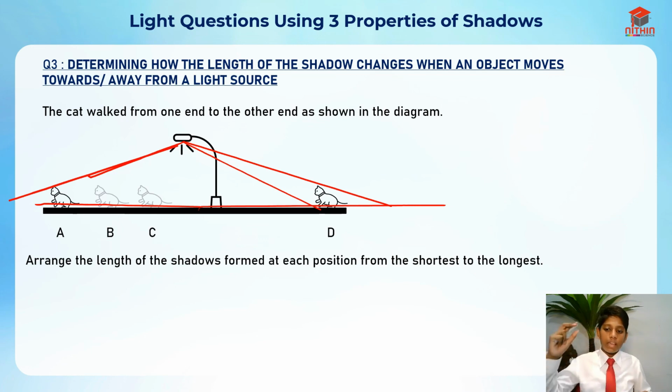So if it's pointing exactly towards the object, you have a very small shadow.